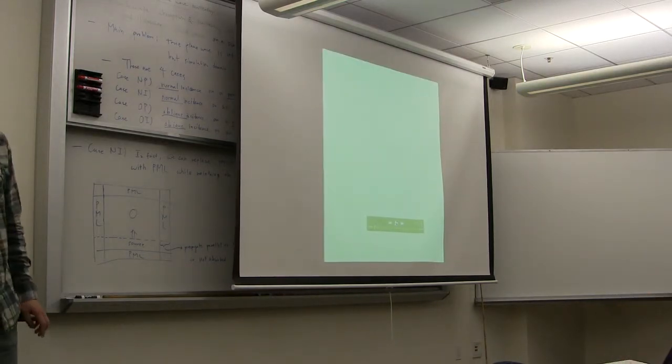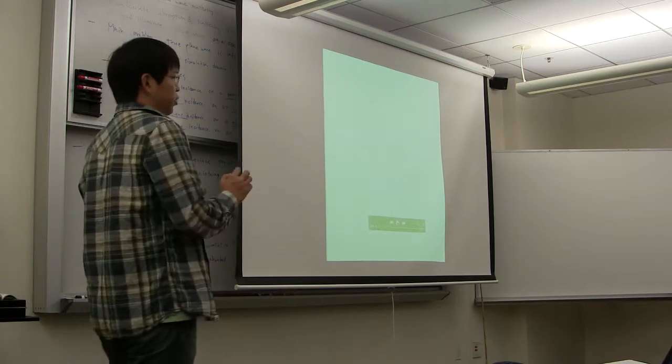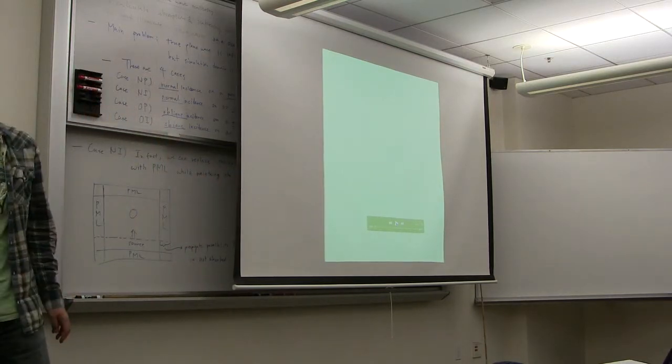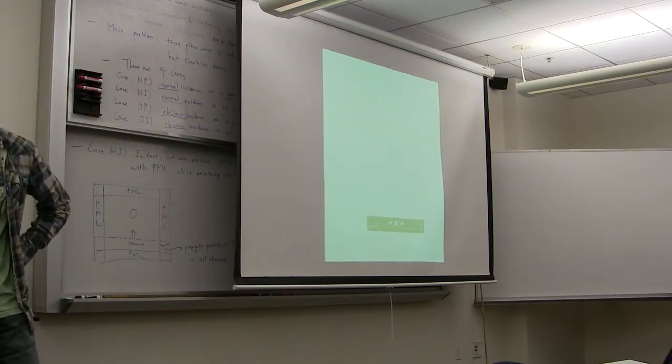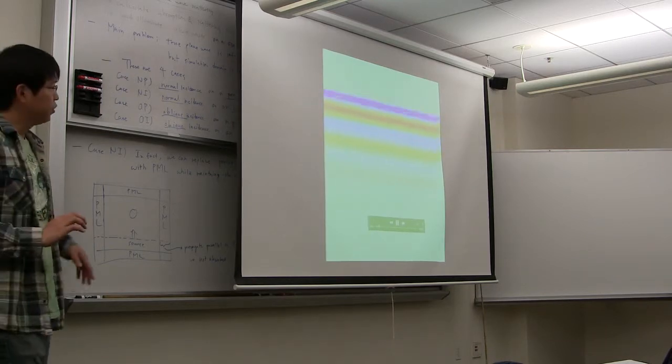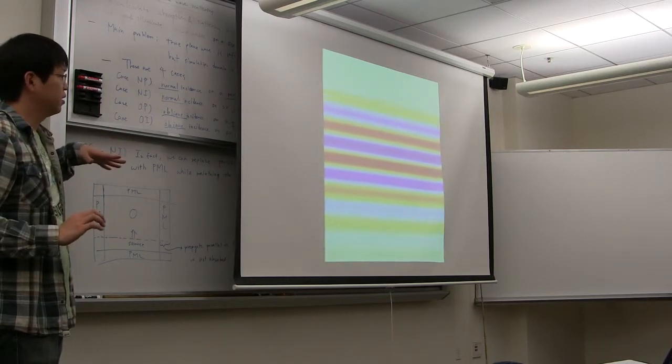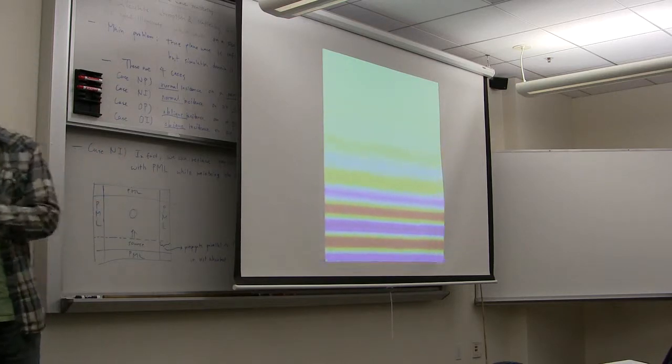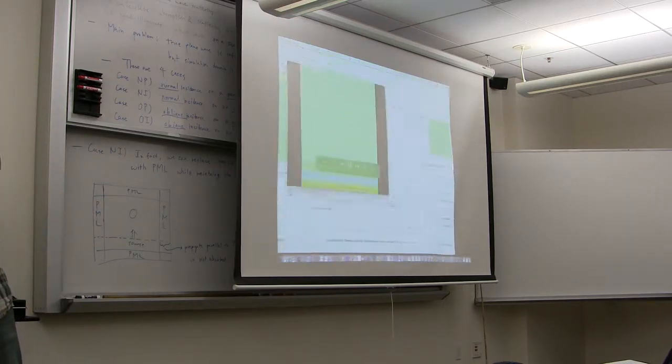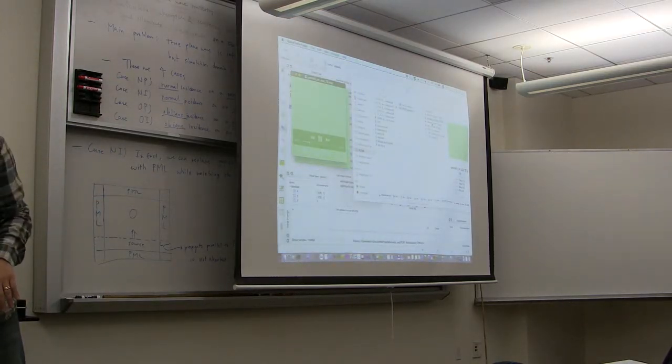This is the case where you have periodic boundary condition on the left and right. And you can see the perfect plane wave. Right? And then we put a scatterer.